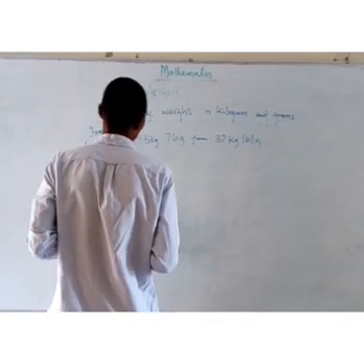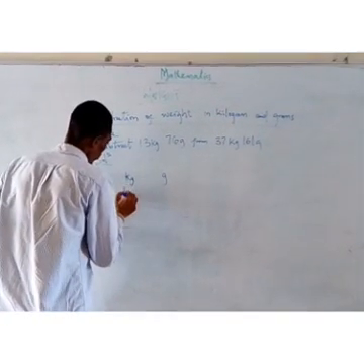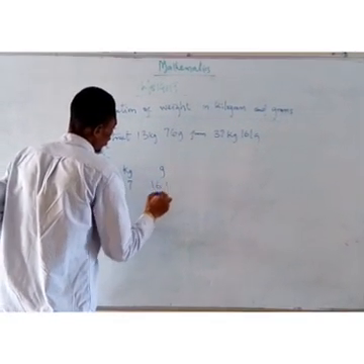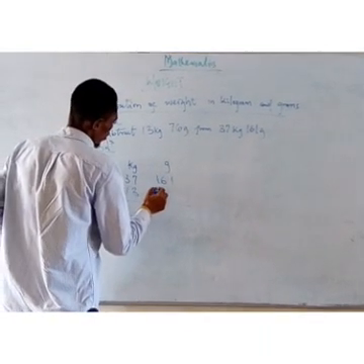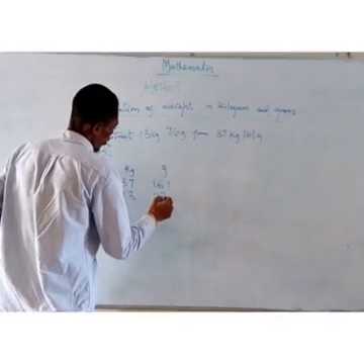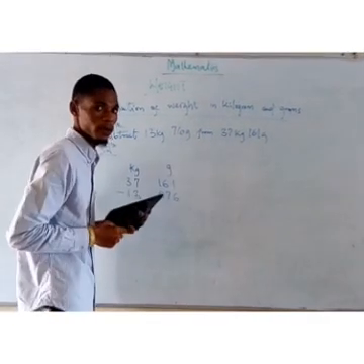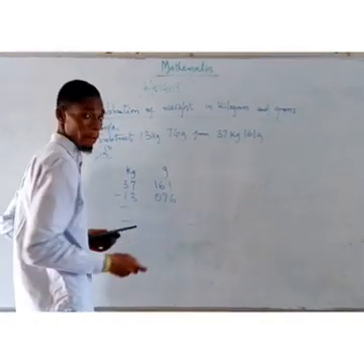Now let's arrange it. Subtract this from this. So we are writing 37 kilogram 161 grams. Then we have 13 kilogram 076 grams. Are we together?